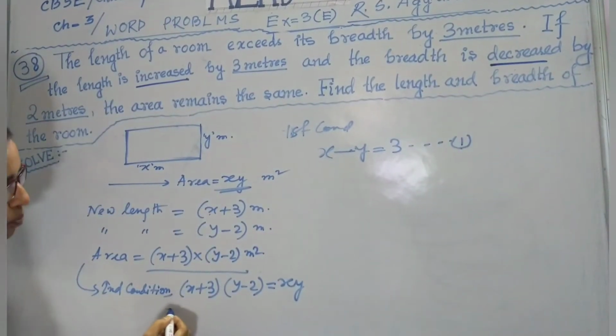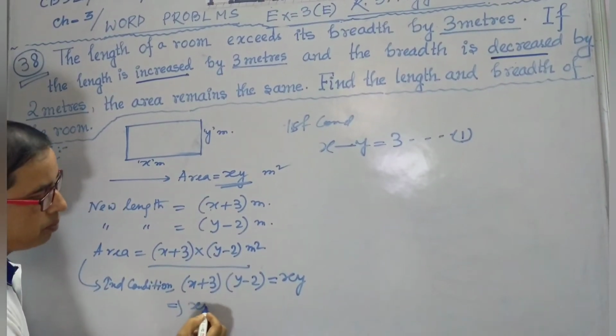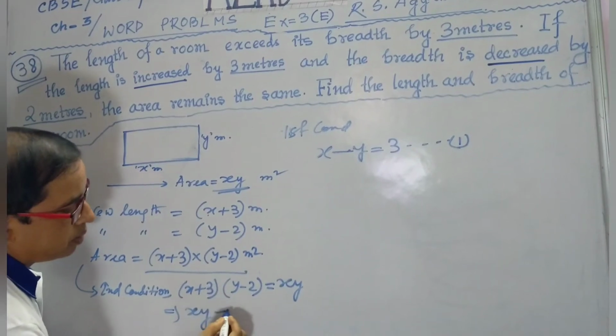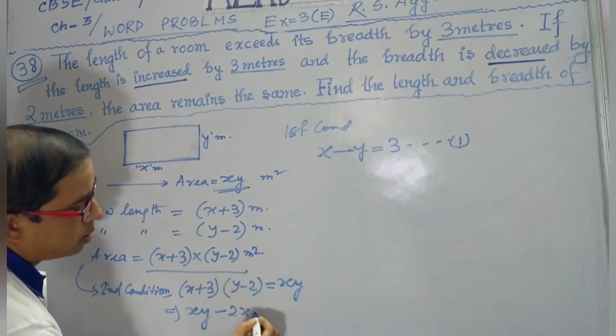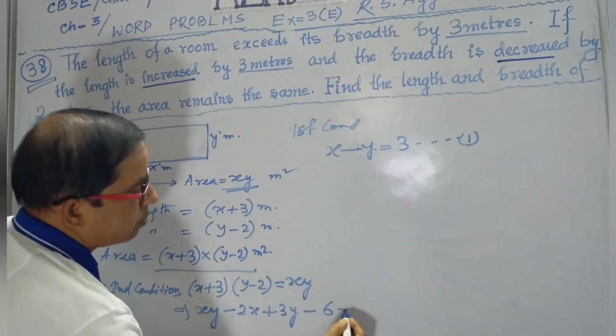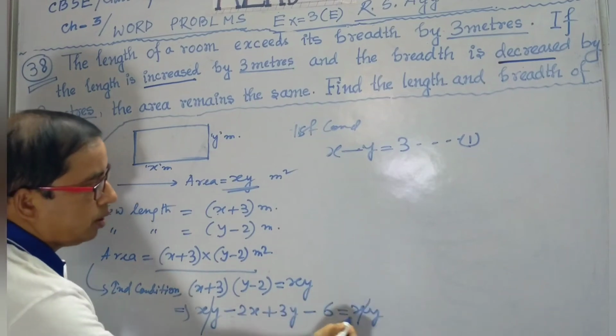Now come here. If I multiply these two, I will get xy plus 3y minus 2x minus 6 equal to xy. Now we can cancel this xy and xy.